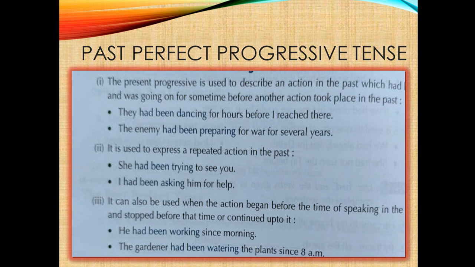So had plus V1 plus ing. Okay, so the formation of past perfect progressive tense is had plus been plus V1 plus ing, that is V1 plus ing form of the verb. Let's see an example. I had been going there for months.